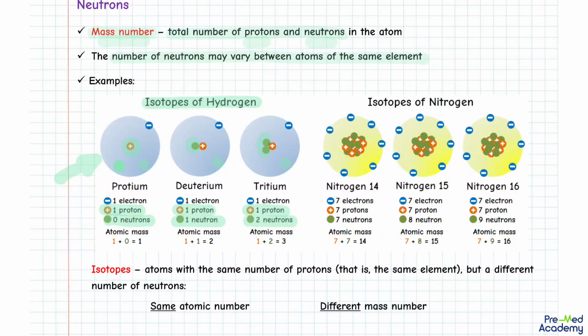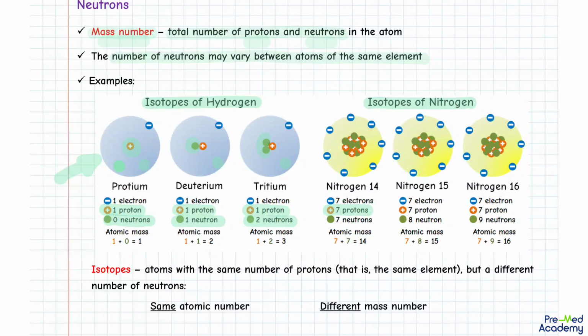Let's look at another example, isotopes of nitrogen. Again, we will define the term isotope shortly. For now, let's look at the example. If we look at the periodic table, which we will delve into in the next lesson, we can see that all the nitrogen atoms in the universe have 7 protons.